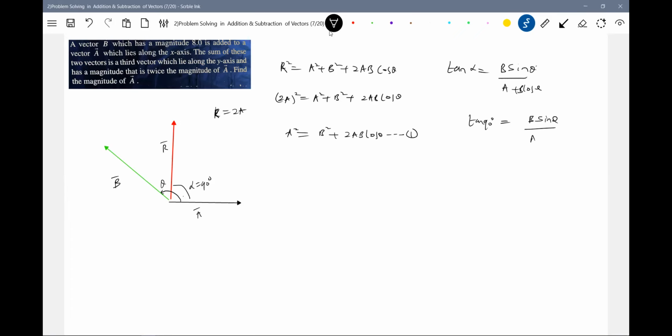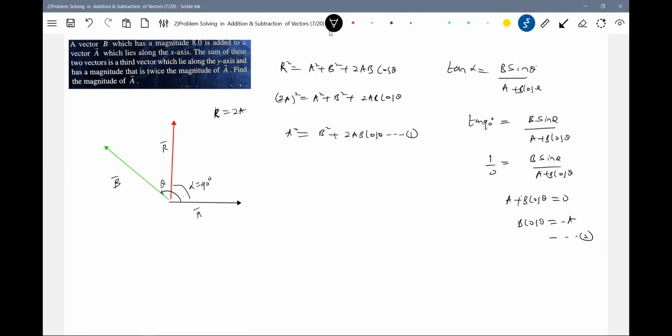Now you see this: tan 90 will be infinity, or 1 by 0. So therefore A plus B cos theta equals 0, or B cos theta equals minus A.